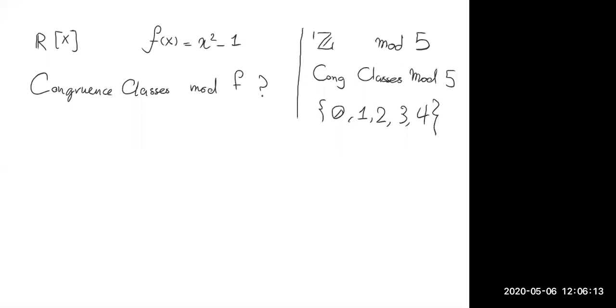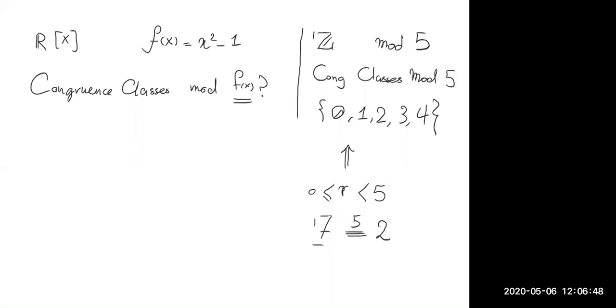When we have a polynomial, like here, f(x) equals x squared minus 1, we can ask what are the congruence classes mod this polynomial f(x). Now the point is that for integers, I can always assume these numbers are less than 5 and greater or equal than 0, right? Because if you take 7, 7 mod 5 is the same as 2.